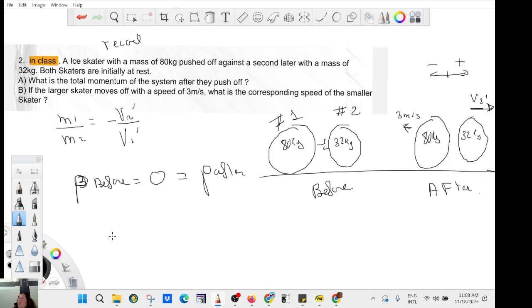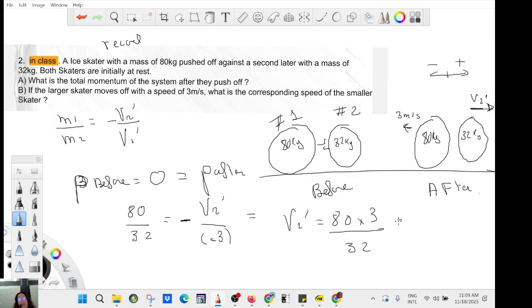So either you do m1 v1 plus m2 v2 equals 0, or you use the magic equation. I'm going to use the magic equation. So m1 over m2 equals minus v2 prime over v1 prime. It's minus 3 because left is positive. So v2 prime equals 18 times 3 over 32.